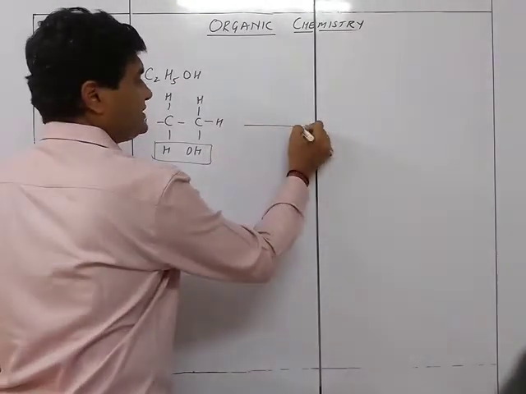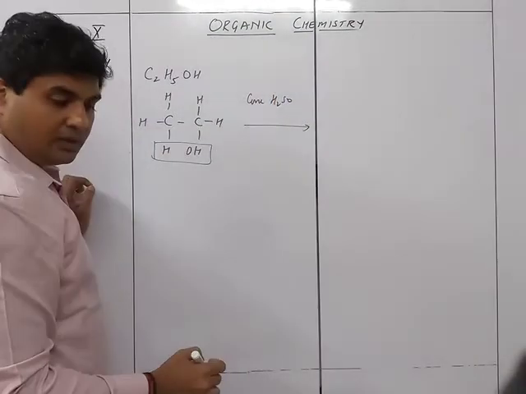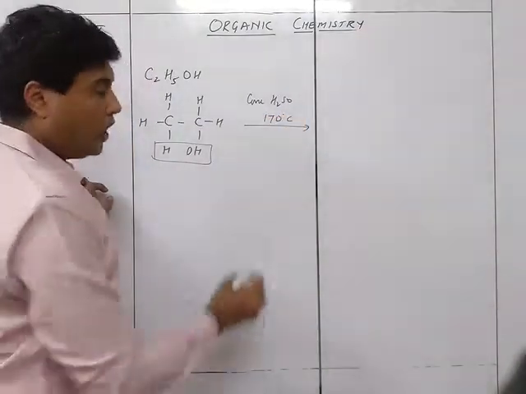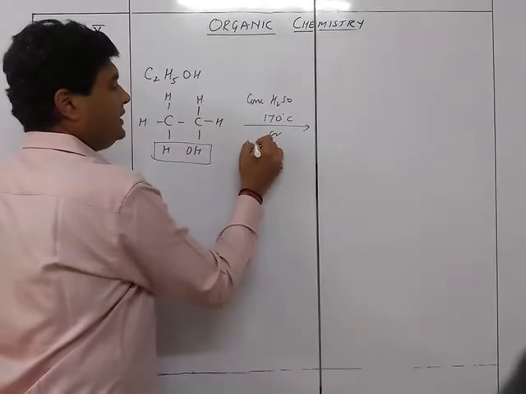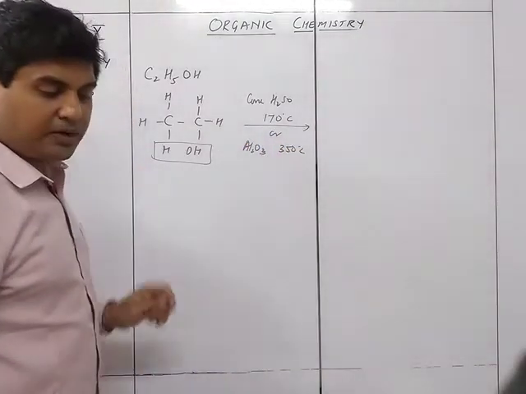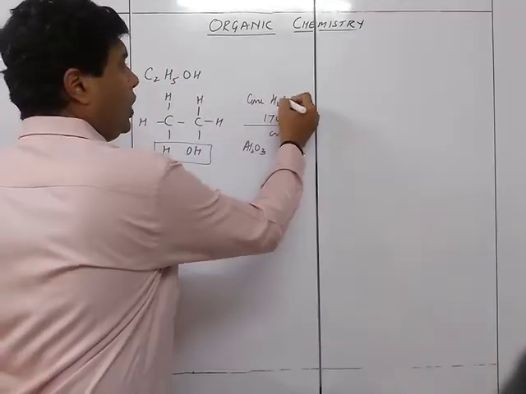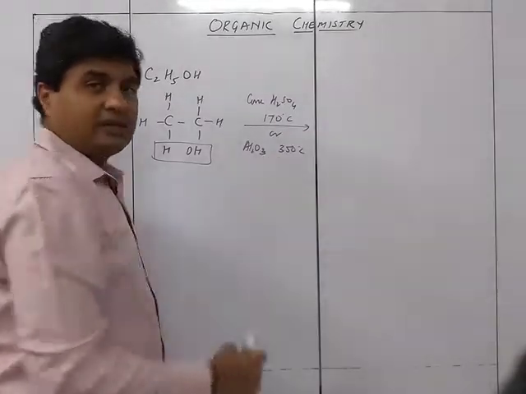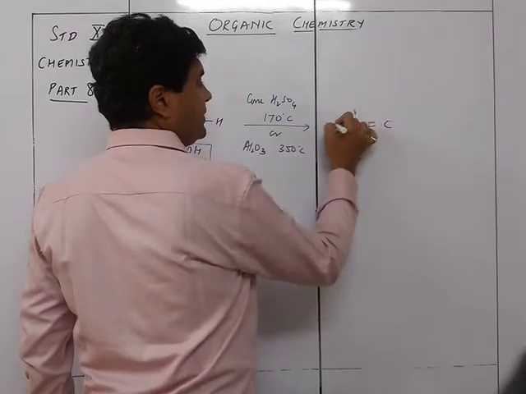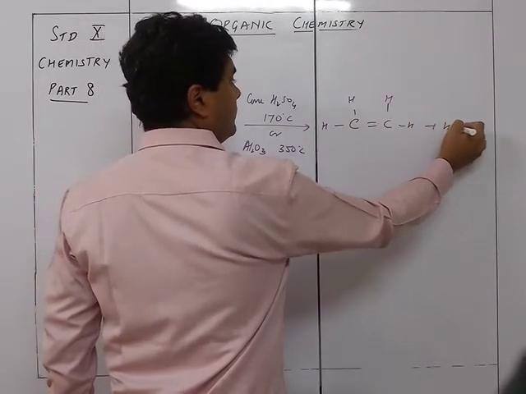Here, in the presence of concentrated H2SO4 at a temperature of 170 degrees Celsius, or with Al2O3 at a temperature of 350 degrees Celsius, either of these conditions gives you C double bond C with H's, and H2O is given out.